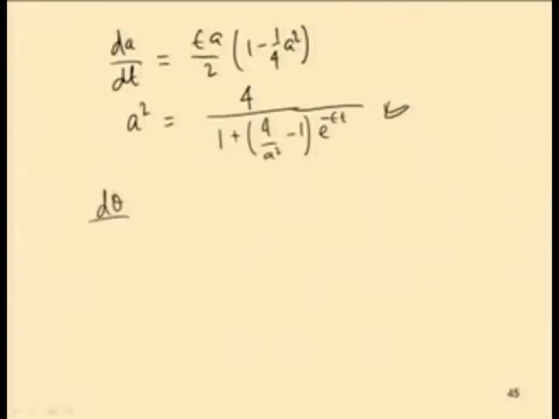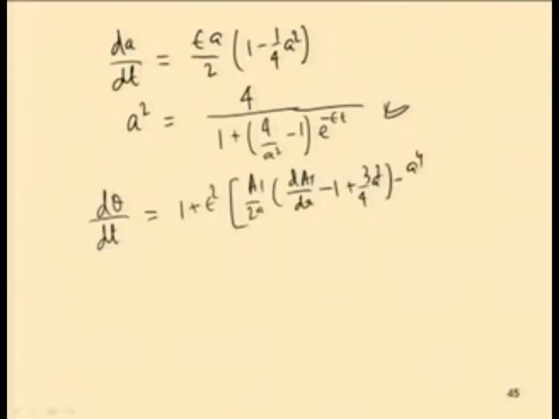Similarly, writing for dθ/dt, this is equal to 1 plus ε² into (a1/(2a) da1/dA minus 1 plus 3/4 a² minus a⁴/256).